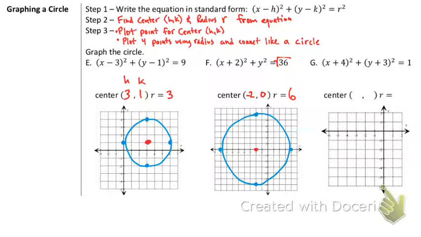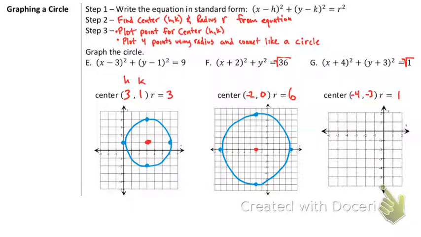One more example. Let's go h and k. H is going to be -4, k is going to be -3, and my radius is the square root of 1. So the square root of 1 is actually just 1. Plot the points.